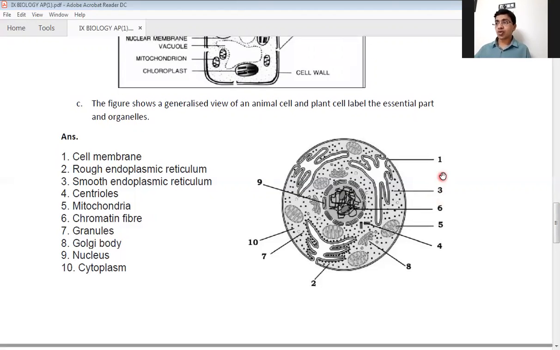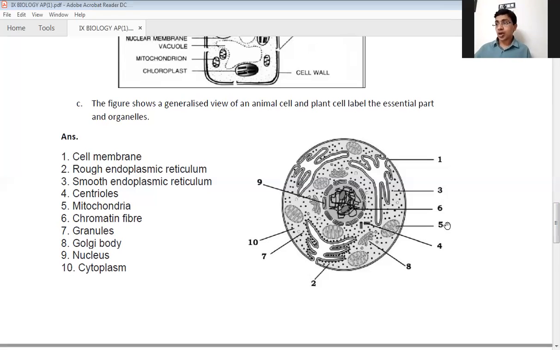So see, this is what I was talking about. Number 3, right? If you observe this carefully, they have shown endoplasmic reticulum again, but this time they do not have that dot-like structure. And I hope you remember that dots are nothing but ribosomes. So ribosomes are not present, and that is why it is smooth endoplasmic reticulum, right?